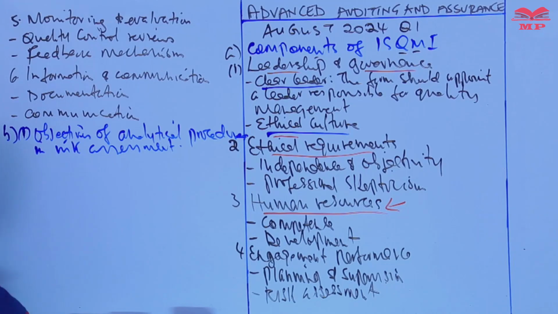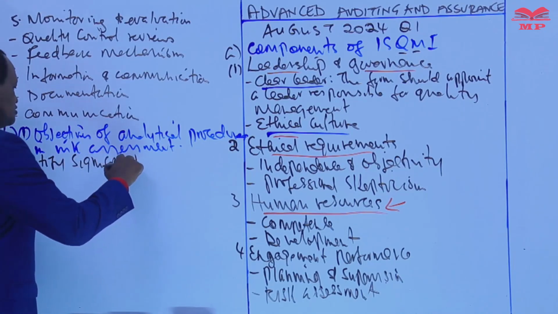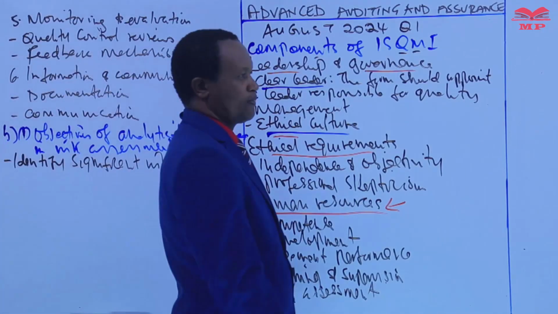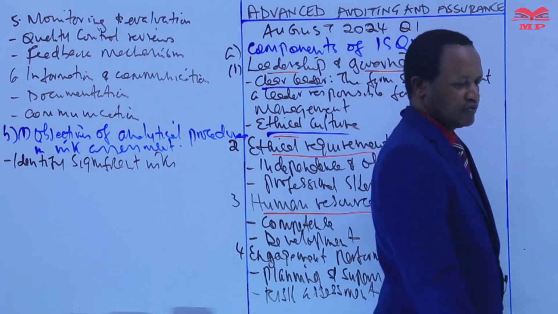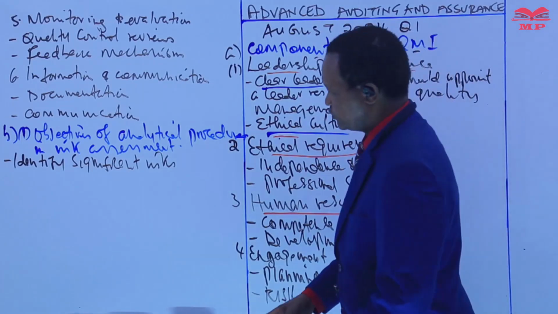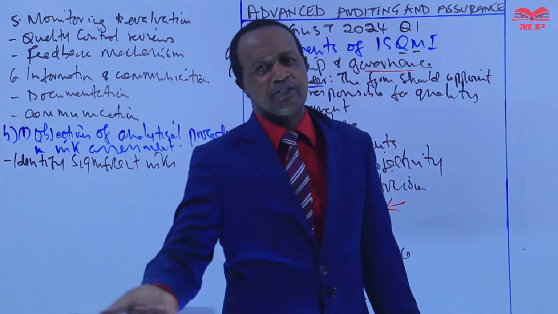One objective is to identify significant risks. An example of techniques we use in analytical procedures is calculating ratios.